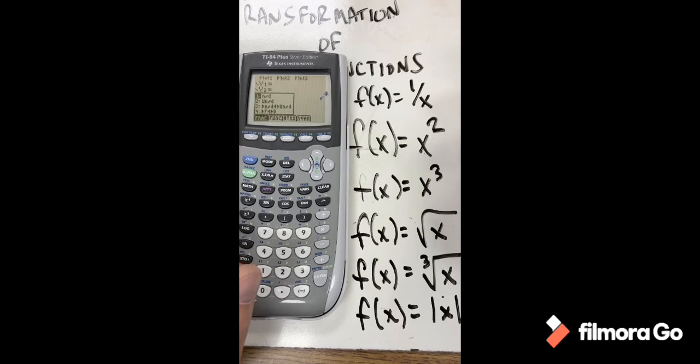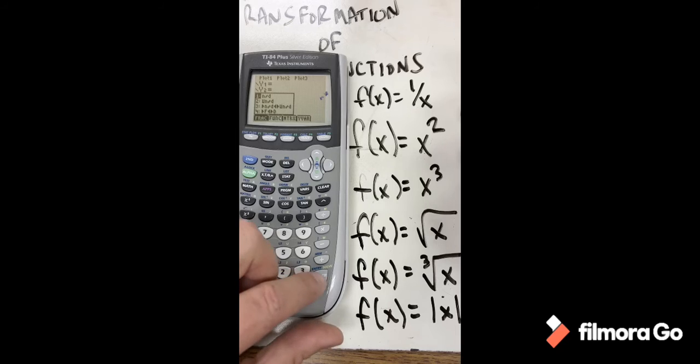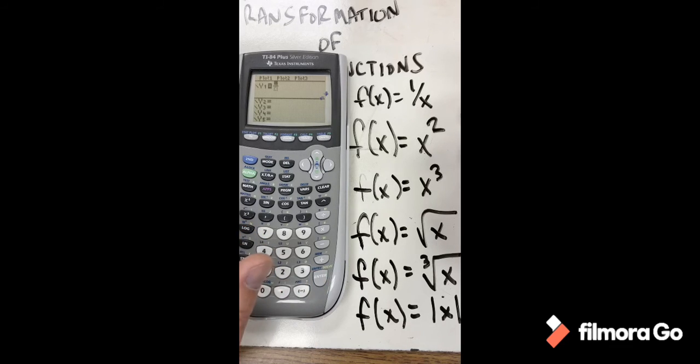You'll notice that brings up a fraction menu. If you hit the first one, number 1, that gives you a fraction. You can type in your 1, arrow down, and put in your x. So 1 over x, then we hit our graph, and that's going to give us our graph for f of x equals 1 over x.